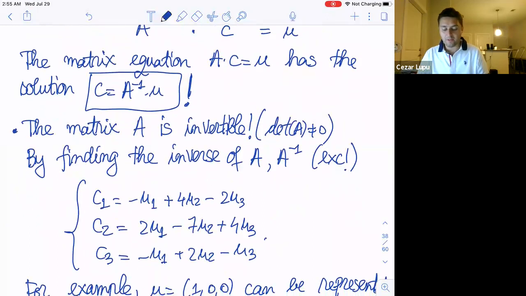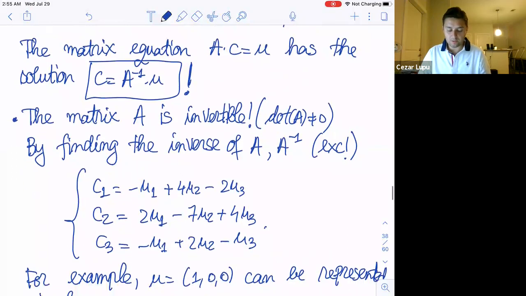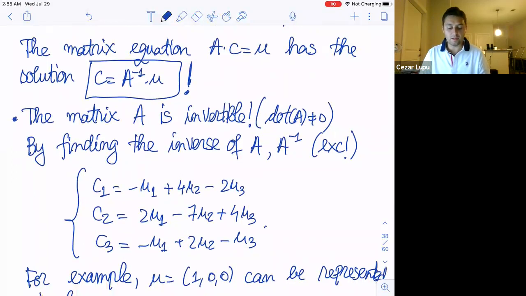Anyway, by finding the inverse of A, which I'll leave to you as an exercise, we'll deduce that c1 equals negative u1 plus 4 u2 minus 2 u3. c2 will be 2 u1 minus 7 u2 plus 4 u3. And c3 will be negative u1 plus 2 u2 minus u3.